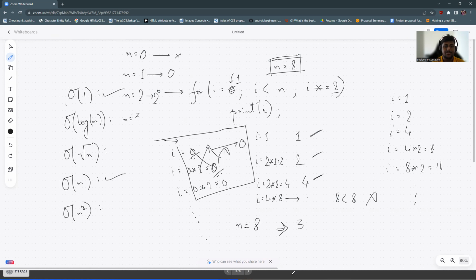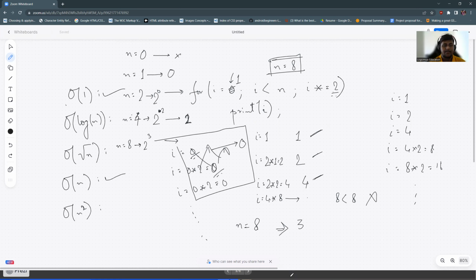For n equals 8, it should run 3 times. Sorry, for n equals 4, it should run 2 times, for 1 and then for 2.